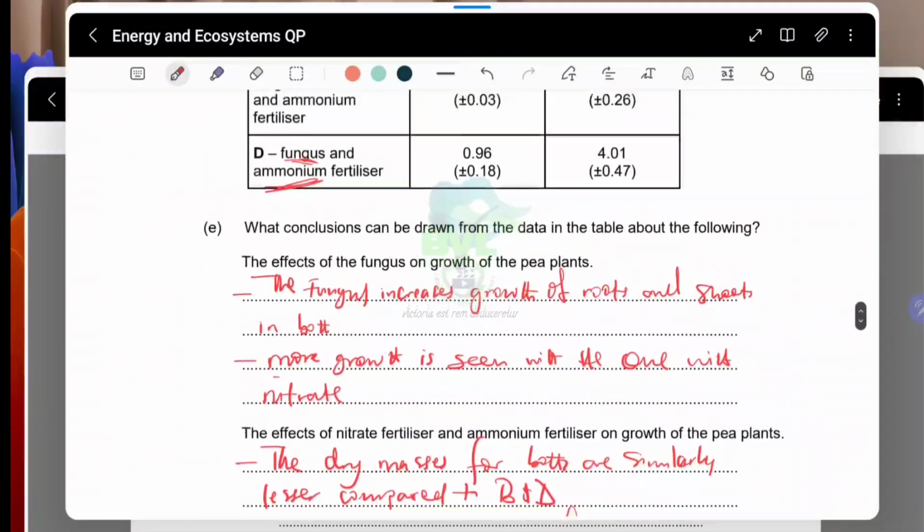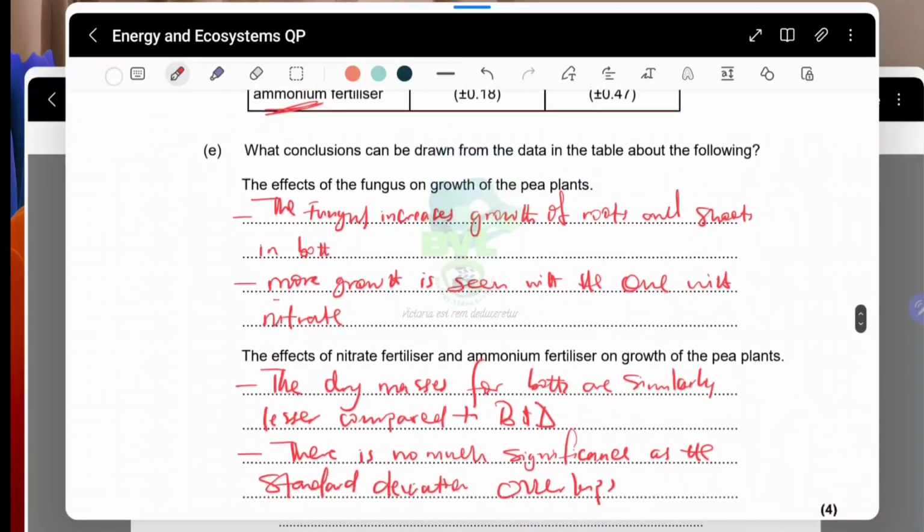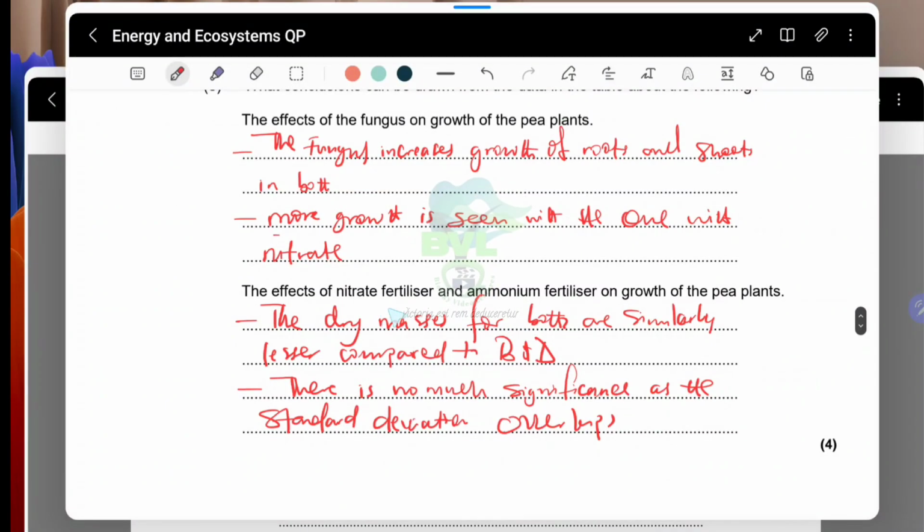Now, state the effect of the nitrate fertilizer and ammonia fertilizer on growth of the pea plant. Well, the dry mass for both are similarly lesser compared to B and D. We can see that anyway, because if you see the one in fertilizer, compared to the nitrate fertilizer compared to the ammonia fertilizer.